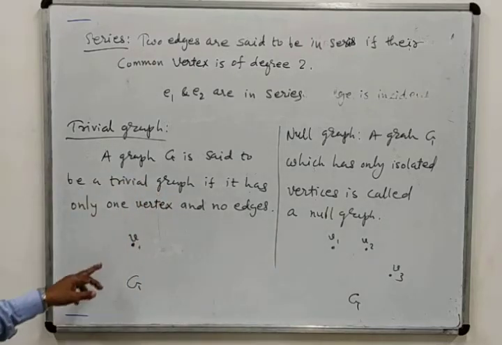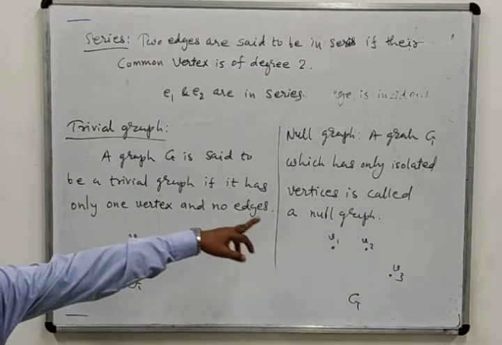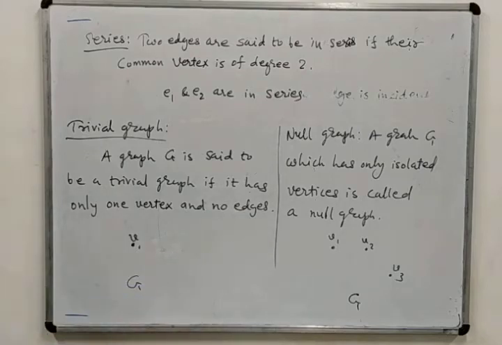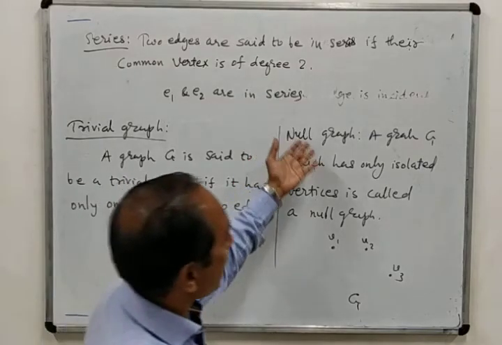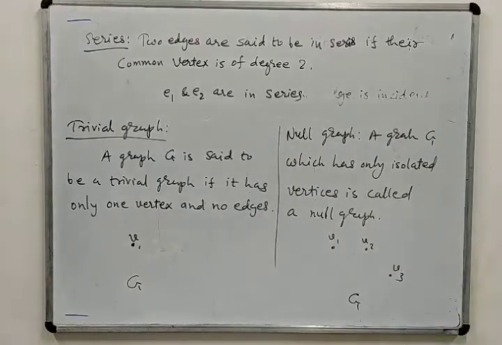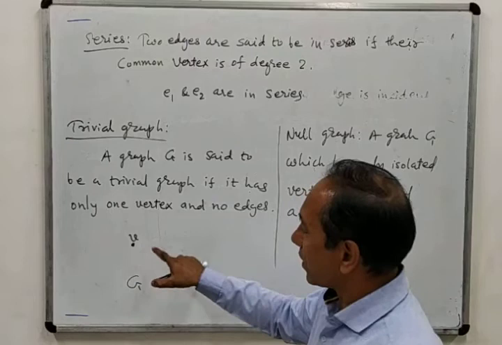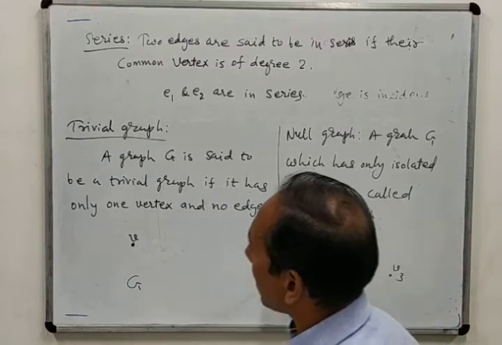Now see here, a trivial graph is also a null graph, because obviously by the definition of a null graph, it has vertices with degree 0. So it has a single vertex, but it has degree 0, so it is also a null graph.